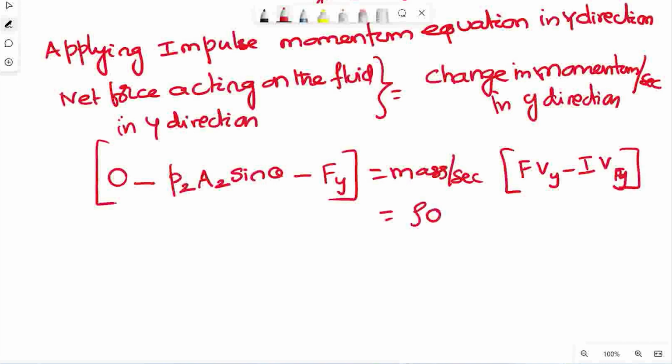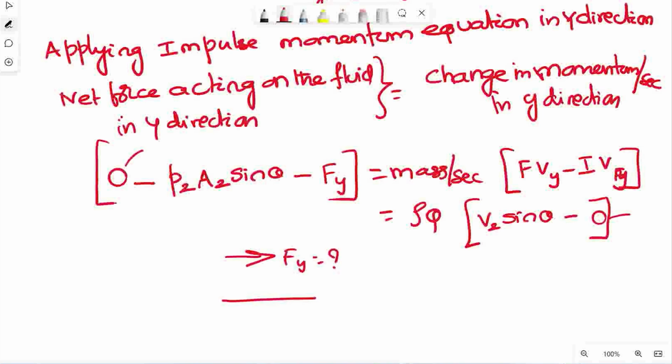Mass per second is nothing but rho Q. Final velocity is V2 sin theta, minus initial velocity in the y direction, which is 0, because the entire velocity at section 1 is only in the horizontal direction. So this is 0 and this is 0, because the entire pressure and velocity at section 1 are in the horizontal direction. So using this equation we can find Fy.